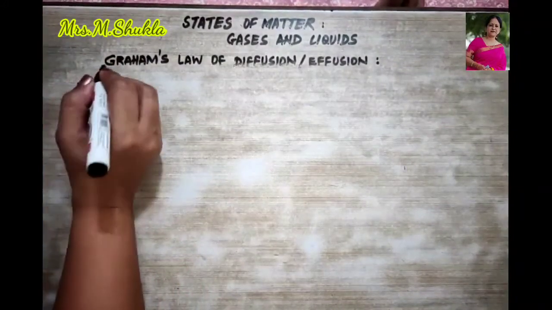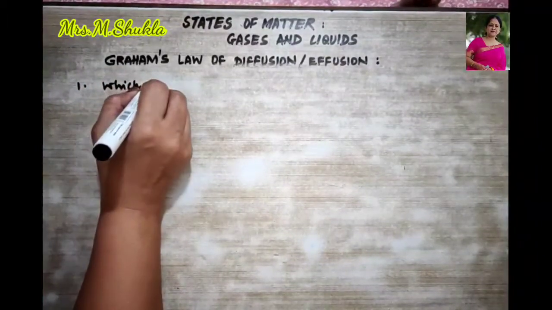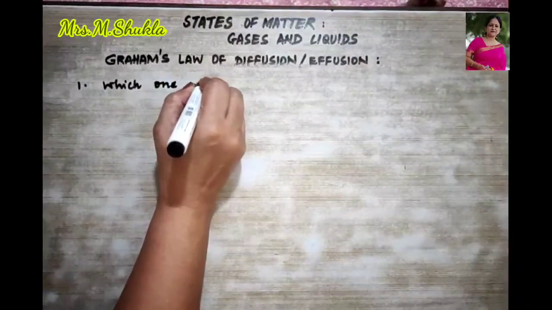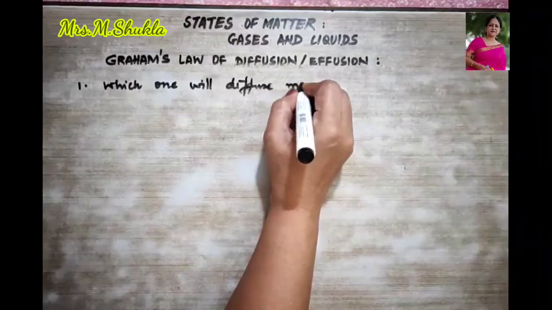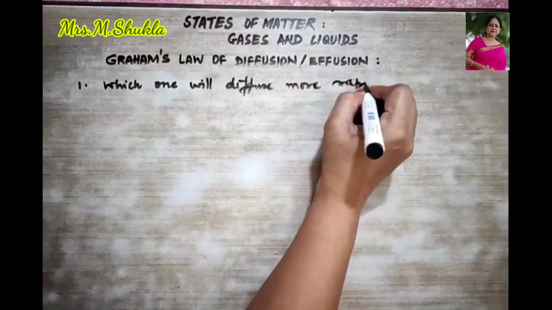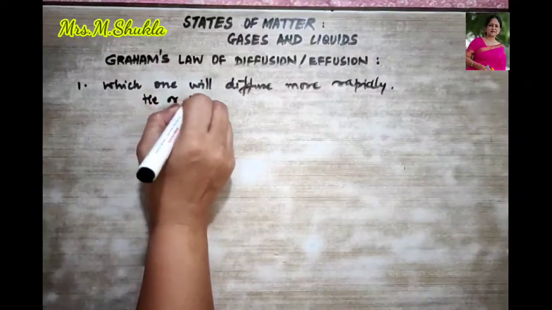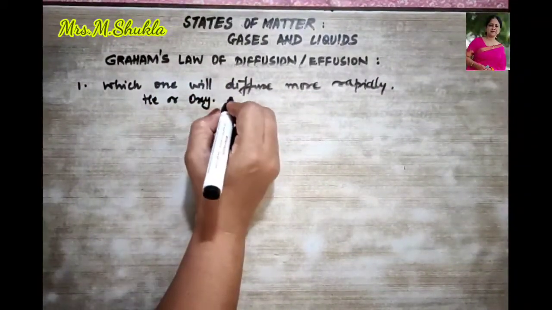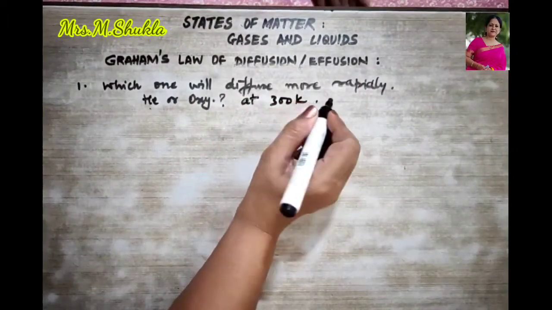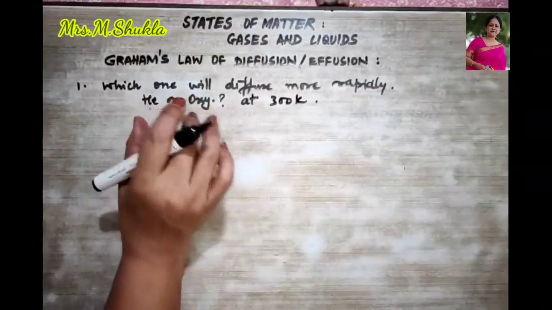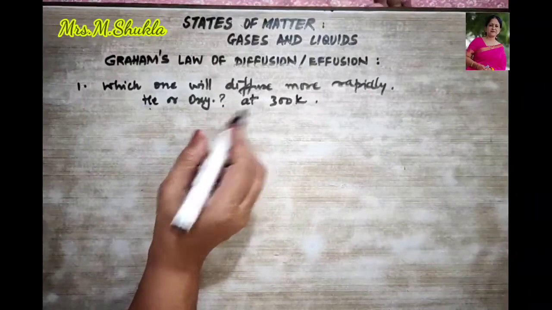The first question: which one will diffuse more rapidly, helium or oxygen, at 300 Kelvin? So let us understand which of these two gases, helium or oxygen, will diffuse faster at 300 Kelvin.